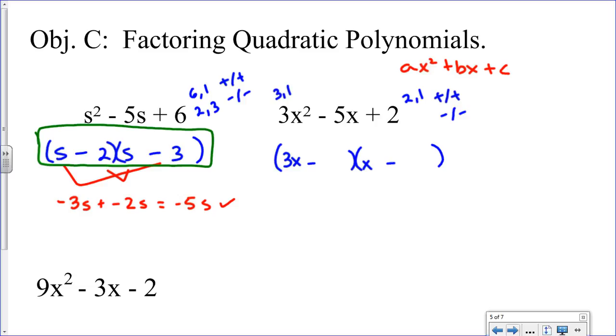The negative was right. So instead of doing 1 and 2, I can do 2 and 1. Oh, sorry. And my outer I get negative 3x, the inner negative 2x, and that does give me my negative 5x.